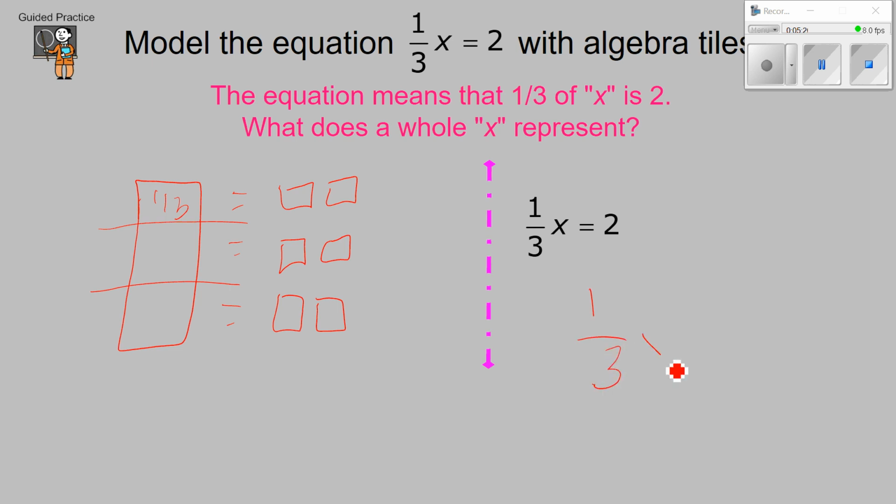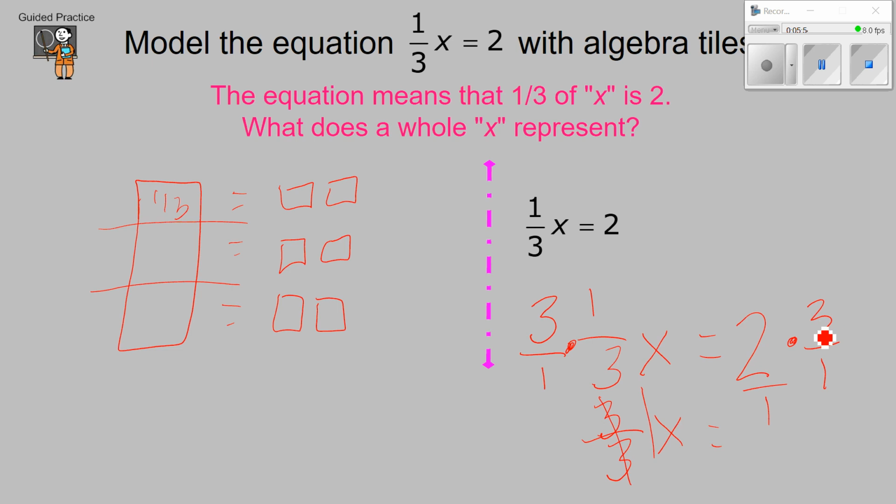Okay, so mathematically, let's look at what this does. If I multiply, right, the inverse of multiplication is division, right? And to divide, we flip and multiply, right, when we're working with fractions. So 3 over 1 is 3. 1 times 3 is 3. So 3/3 of x, well, what is 3/3 the same as? 3/3 is the same as 1x, but I have to do the same thing over here, right, because it has to be balanced.